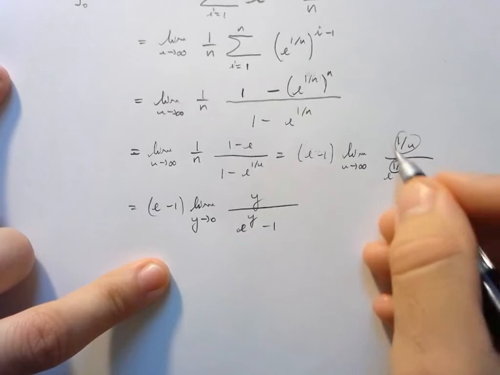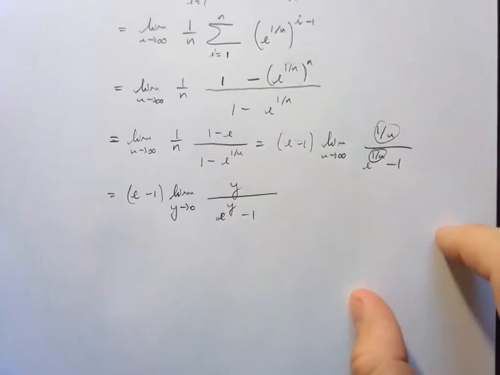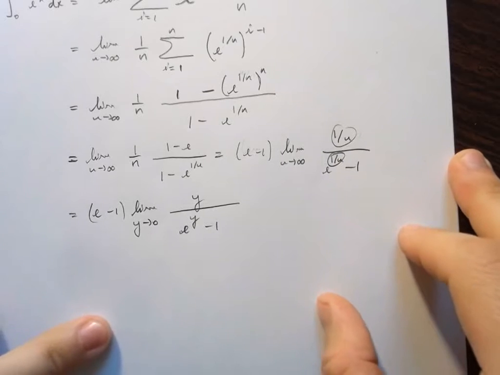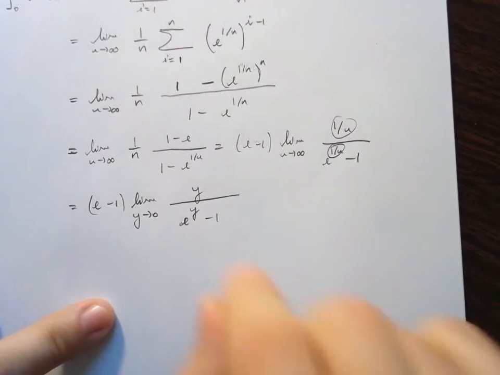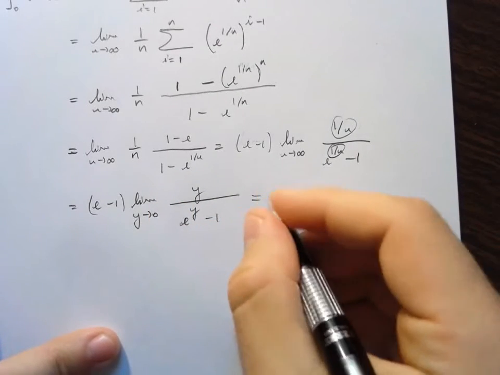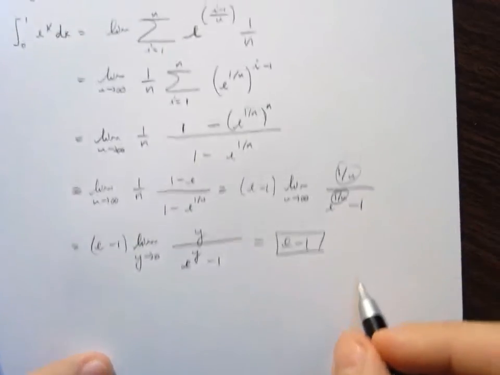I'm thinking of this 1 over n as a variable y going to 0, and that's how I obtain this result. Now I simply use the special formula given in the hint, that the reciprocal of this goes to 1, which means the thing itself goes to 1. So this should be just e minus 1 as the final answer for the limit.